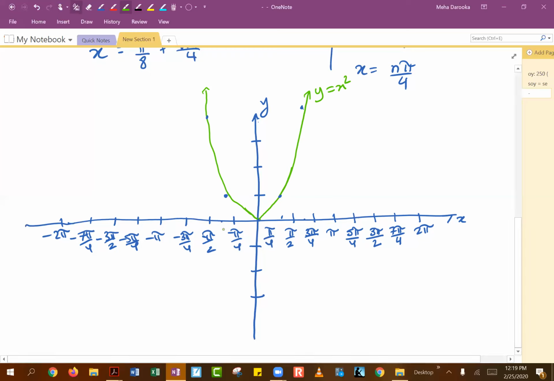So between these guys halfway is -1 here, -1 here, and then negative, so I don't know, somewhere down there. And this is your y equals negative x squared, so something like that.